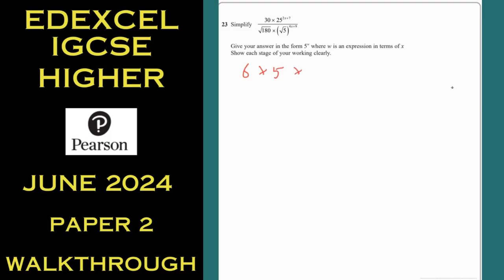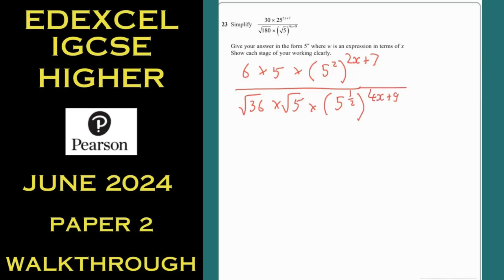Let's replace 25 with 5 squared. Let's go for a similar stuff on the bottom. So root 180 is root 36 times by root 5. And then let's replace the root 5 with 5 to the power of a half.